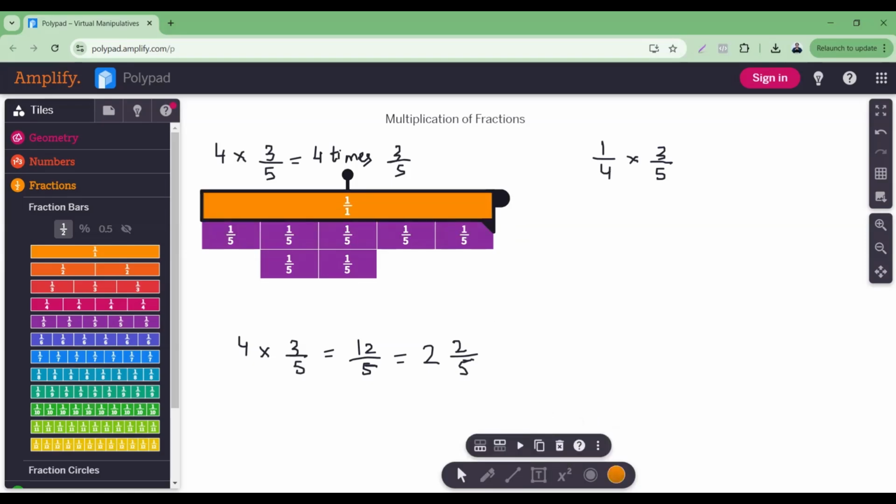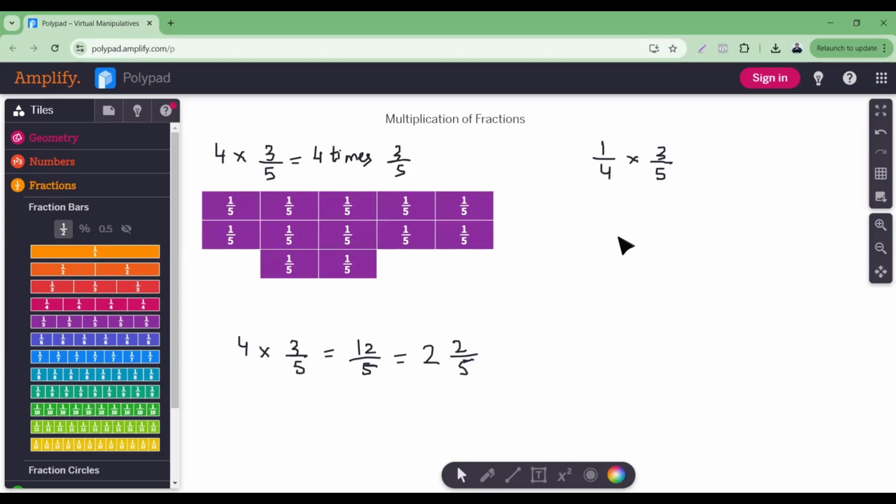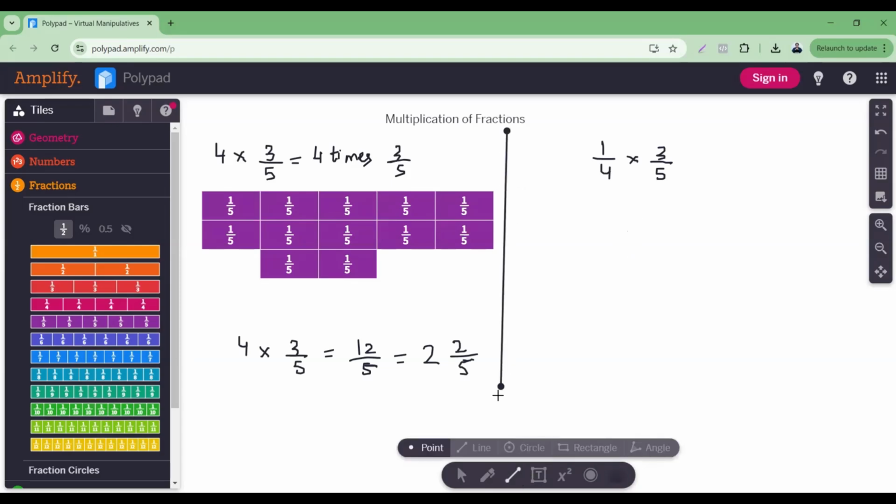Now let's do the other part: what happens, or how do we do it, when we have to multiply a fraction with a fraction. For that, let's take a different kind of approach. I also want you to understand what is the meaning of a fraction.